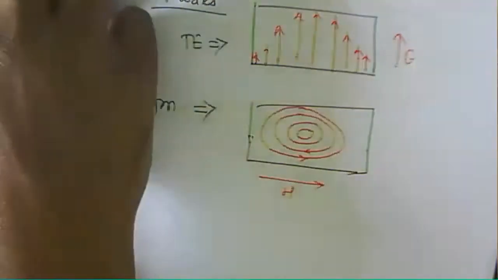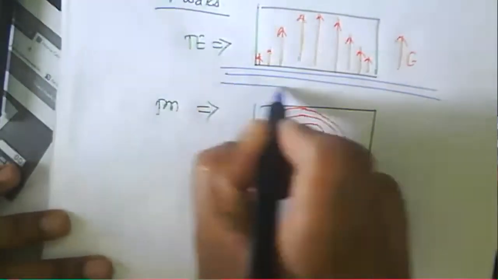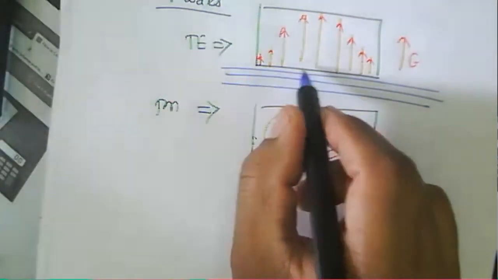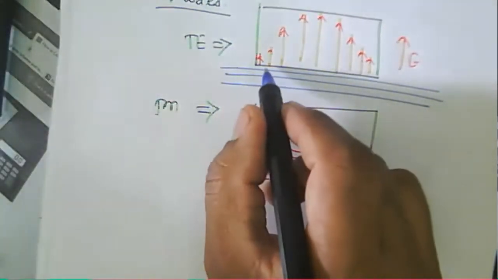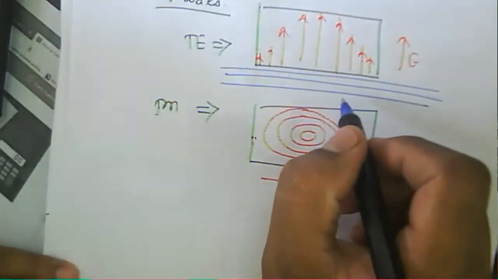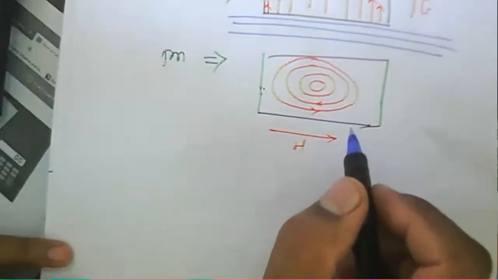Now, if you see here, for a rectangular waveguide the base is the long side of this rectangle. The electric field component is perpendicular, and the magnetic field component is parallel.